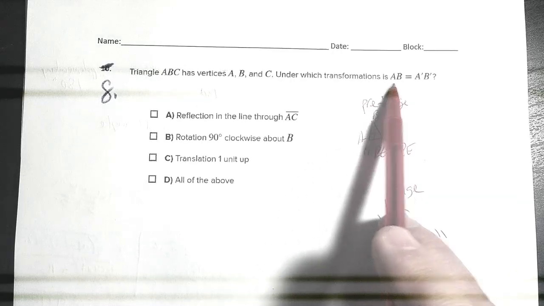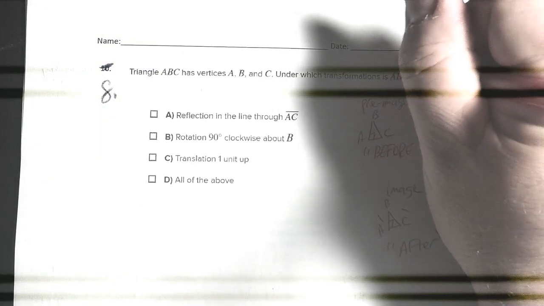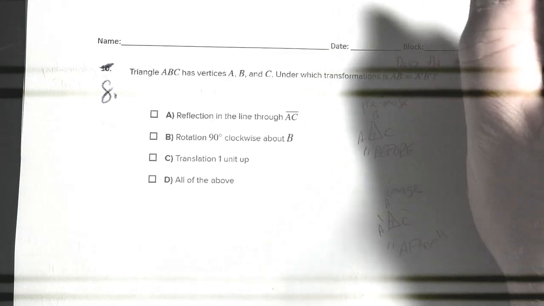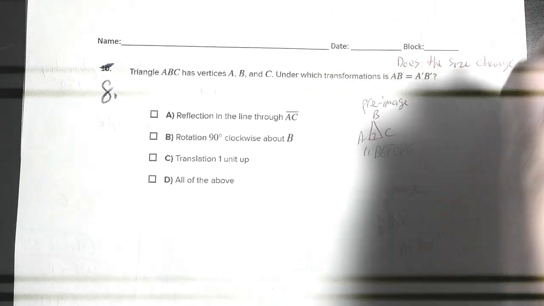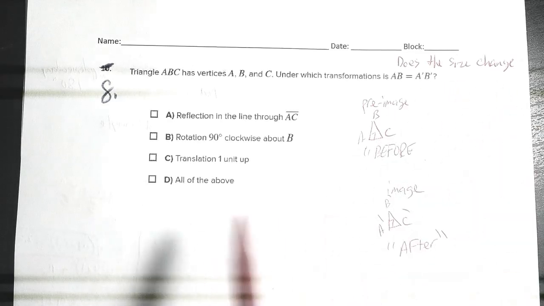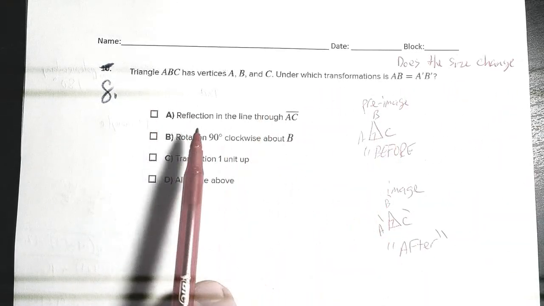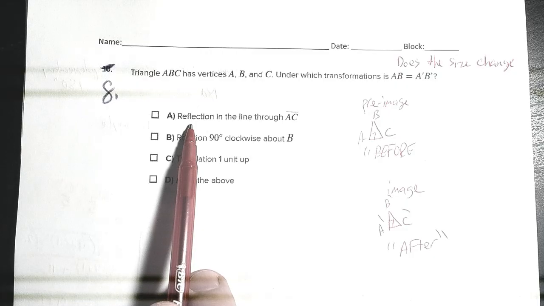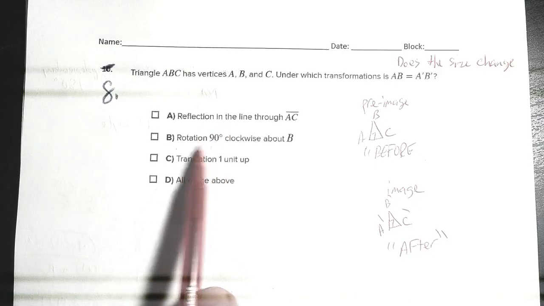So this means, does it change? All this is asking is, does the size change? Because that's the length of one side. All right, so under here, which ones can that happen? Reflection, rotation, translation.